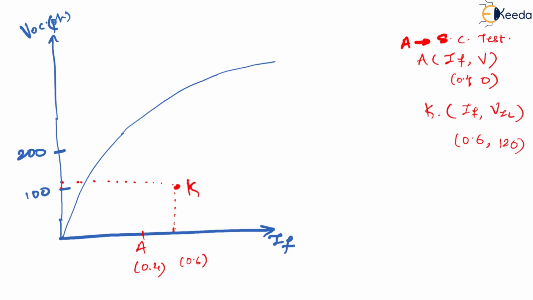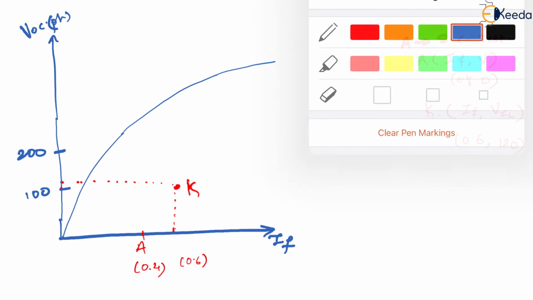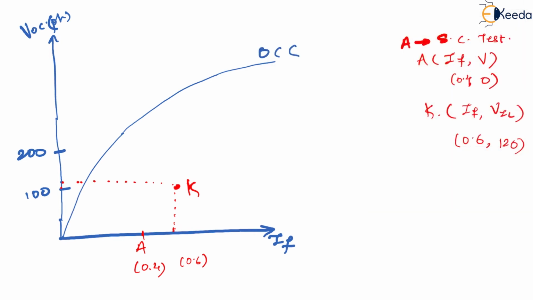Now what are you supposed to do? See, this is the OCC characteristic, correct? You are going to draw the ZPF characteristics such that it goes parallel with the OCC characteristics, just as the OCC characteristics are there, the same way my ZPF characteristics should also go, parallel to the OCC characteristics.